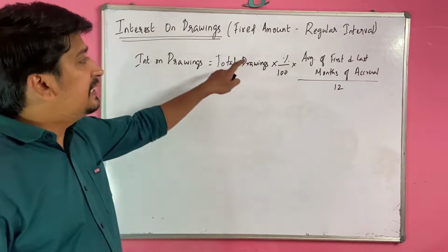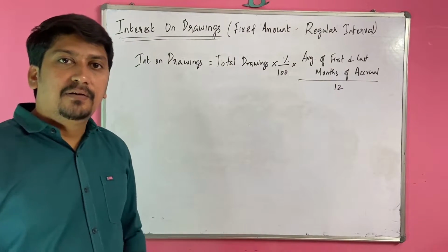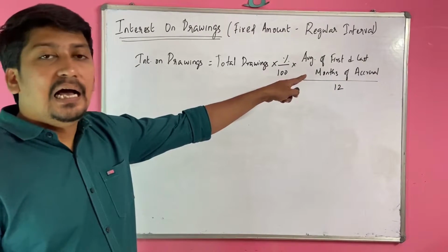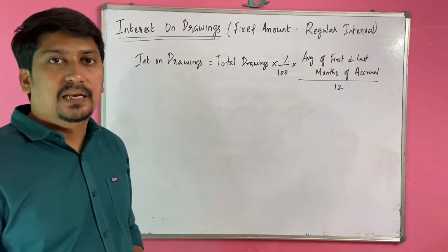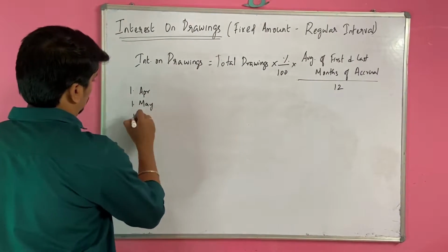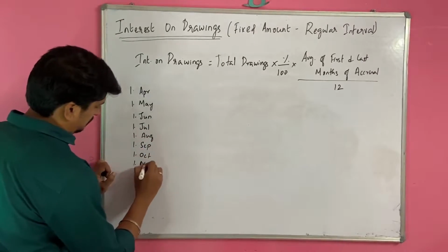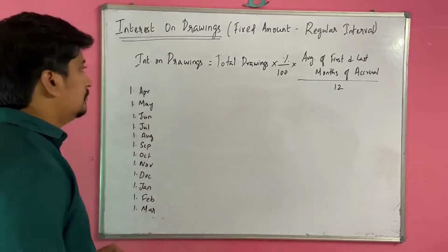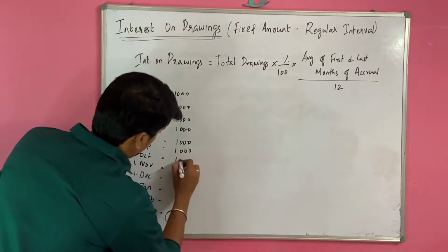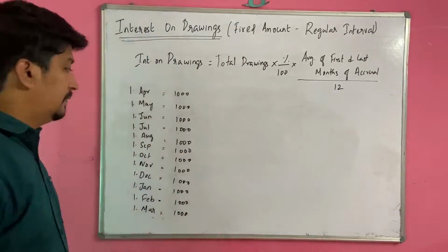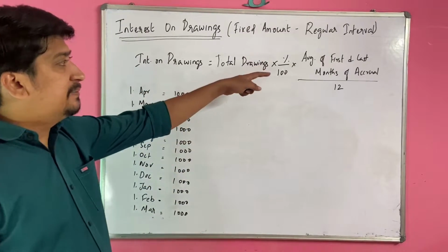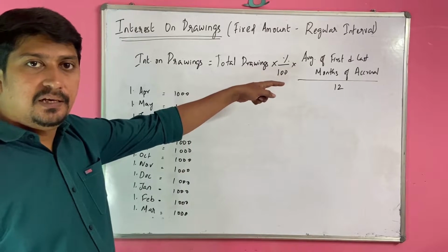Then we will apply this formula and we will get the same answer. And then I will tell you why we go for the average of the first and last months' accrual. Let me first explain individually, then I will explain the average basis method.